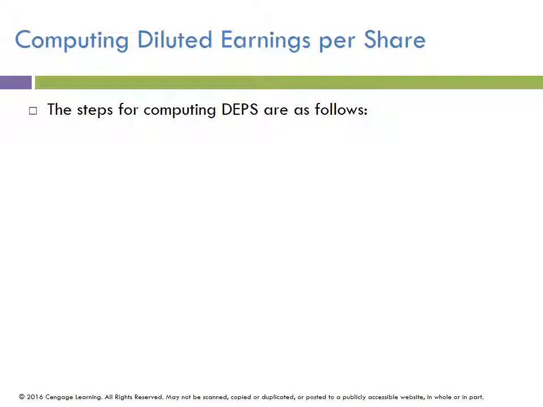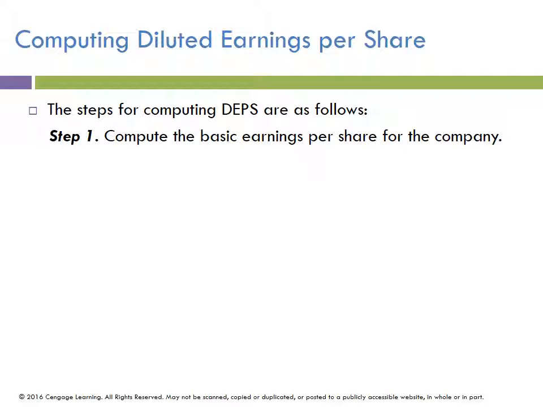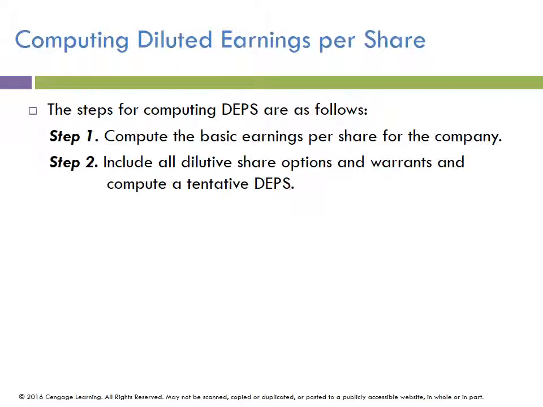Here are the steps. First, compute your basic earnings per share. Take your net income minus the preferred dividends, if there's any preferred stock, and divide it by the weighted average number of shares currently outstanding. The second step, now include all your dilutive share options and warrants and compute a tentative diluted earnings per share.